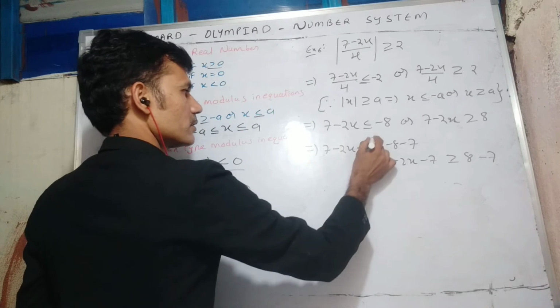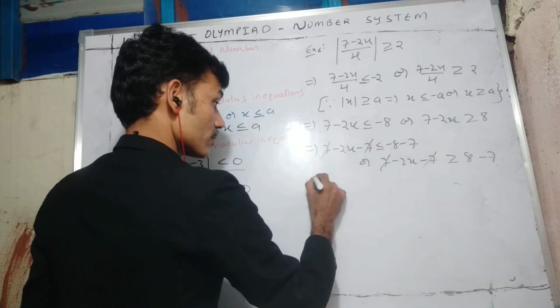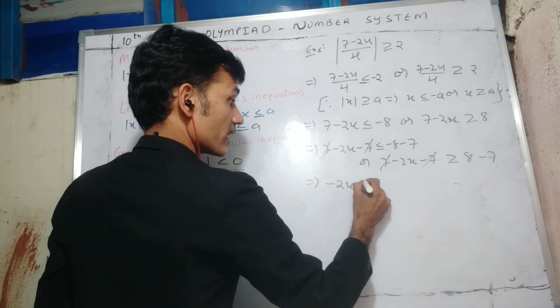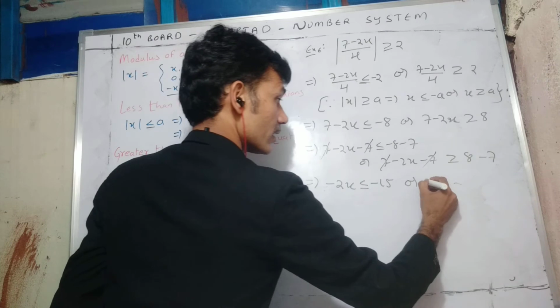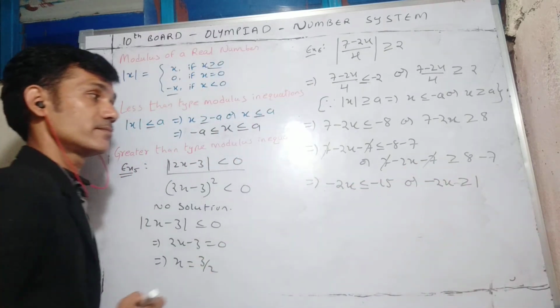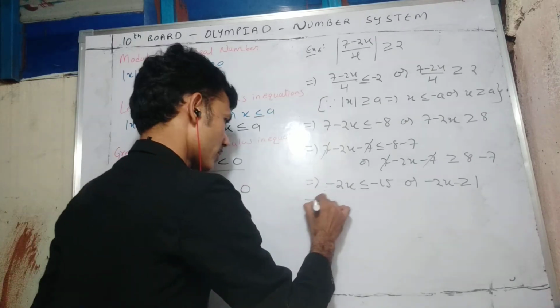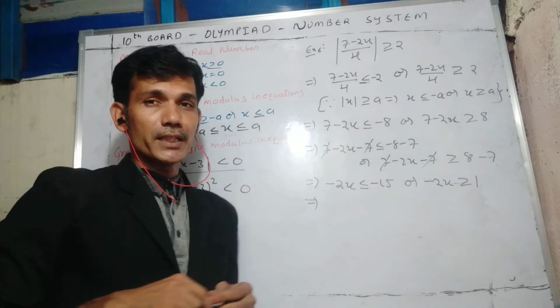Now see here, 7 I can take out, plus 7 and -7 I can cancel. So minus 2x, what we are getting here, less than or equal to -15, and here minus 2x greater than or equal to 1. Now see here, a problem will come. Here I want to take out that -2.